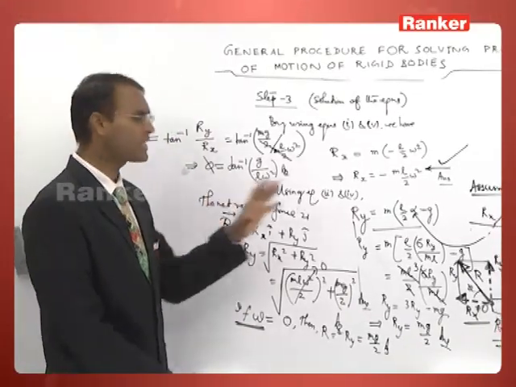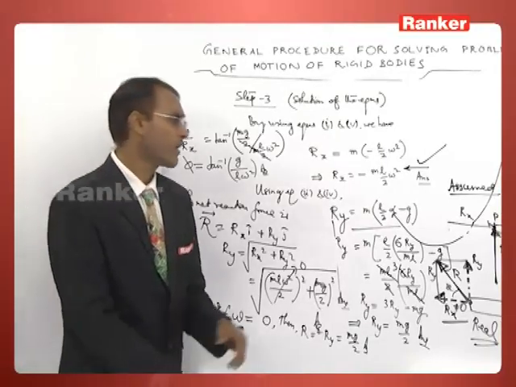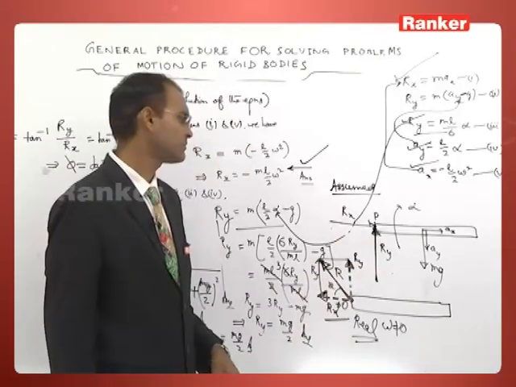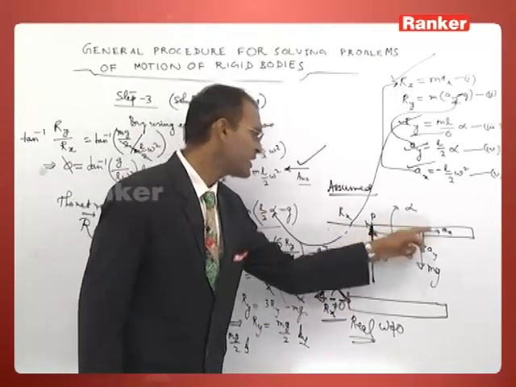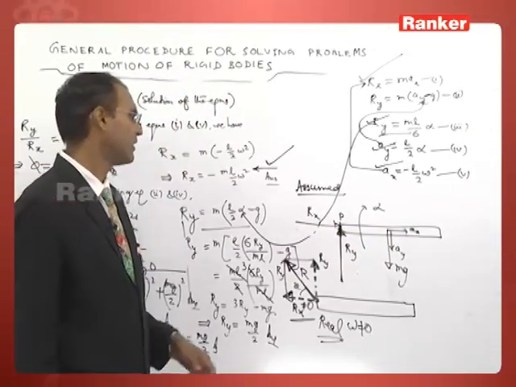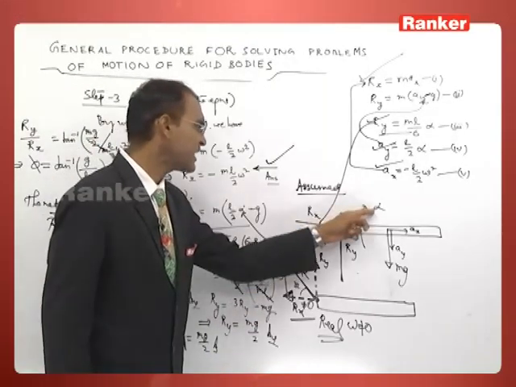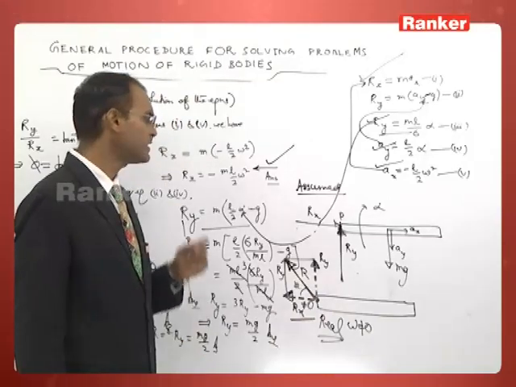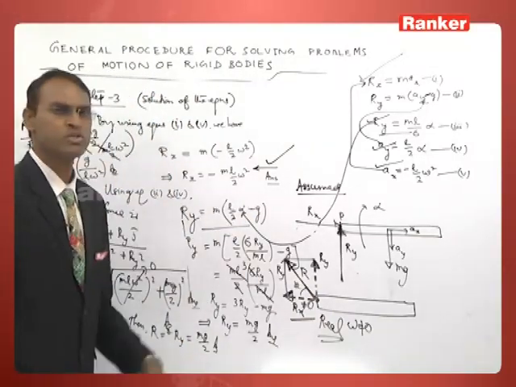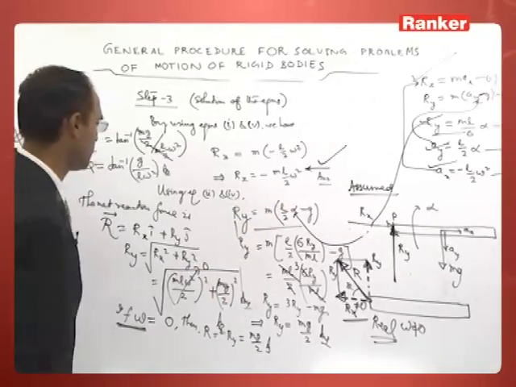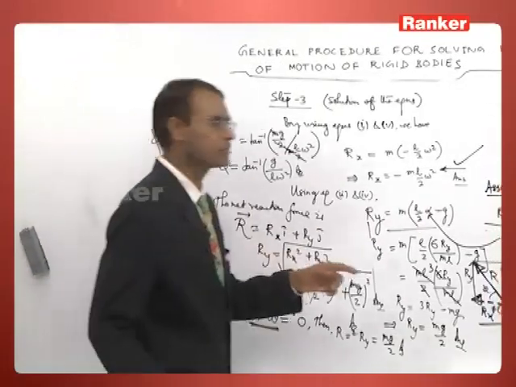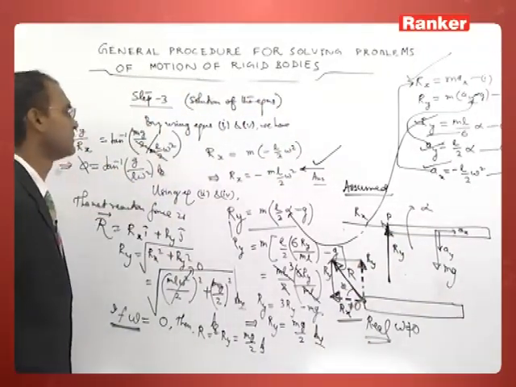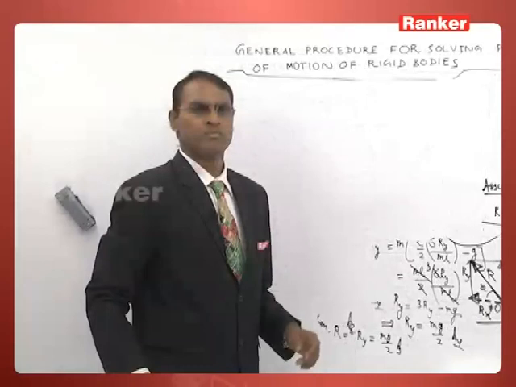So this is a complete analysis of the reaction forces, the accelerations, the angular acceleration, and the linear accelerations of the center of mass at the given position or given instant. Next we can calculate the value of alpha.